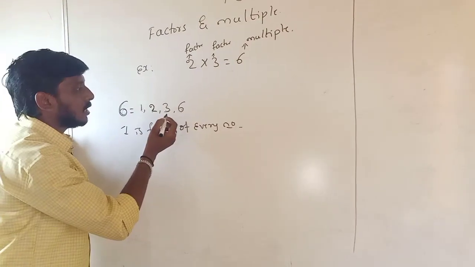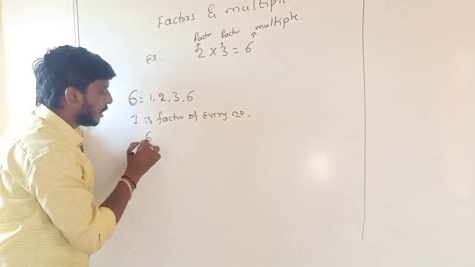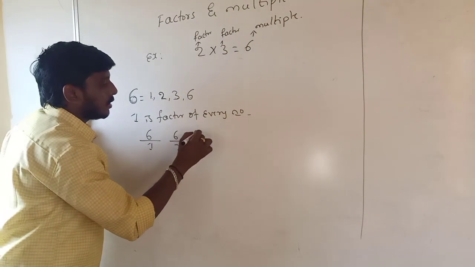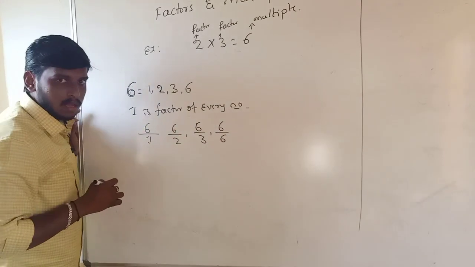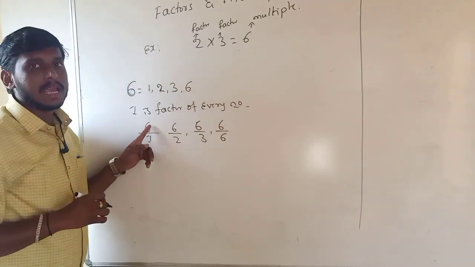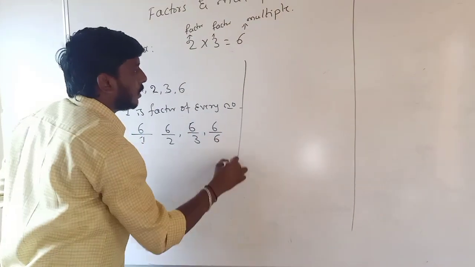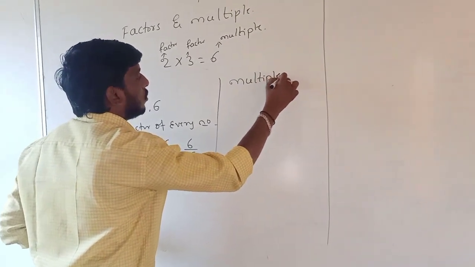A factor is nothing but an exact divisor of a given number. For example, 6 is divisible by 1, 6 is divisible by 2, 6 is divisible by 3 and 6 is divisible by 6. Then what about multiples?